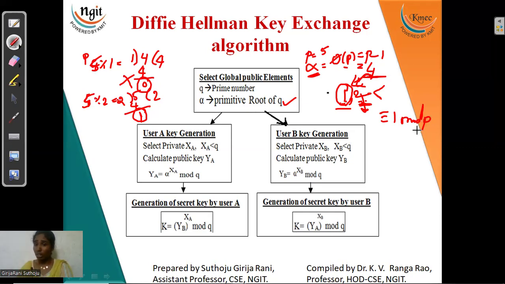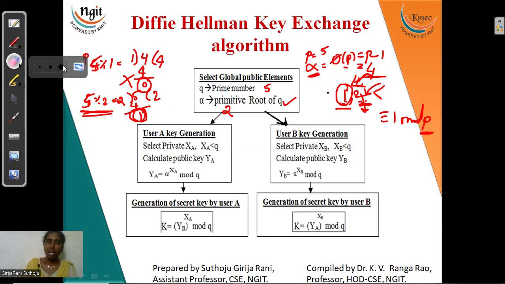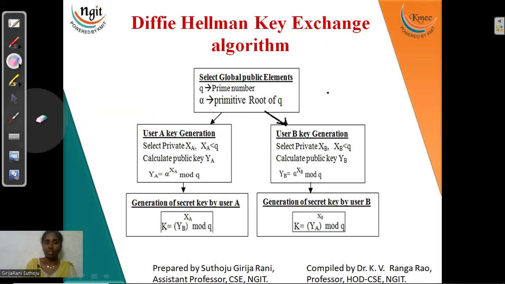Here 5 mod 2 is giving my value as 1. So my primitive root will be 2 if my prime number is 5. In such a way we have to choose our alpha. Done. So this is one of the steps I want to discuss with you.